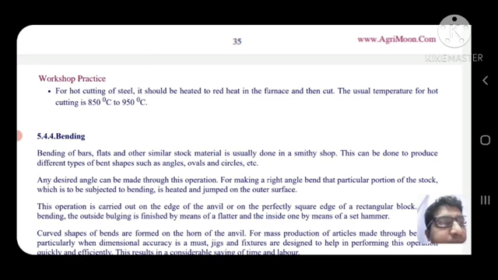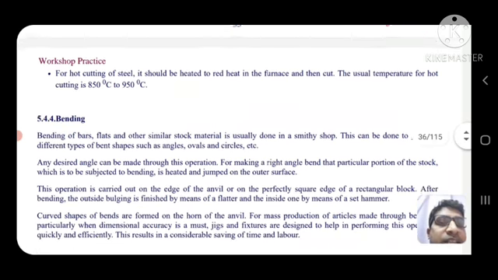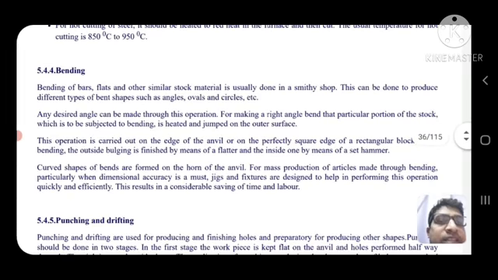Then bending. Bending of bars, flat and other similar stock material is usually done in a smithy shop. This can be done to produce different types of bend shapes such as angle, oval and circles. Any desired angle can be made through this operation.